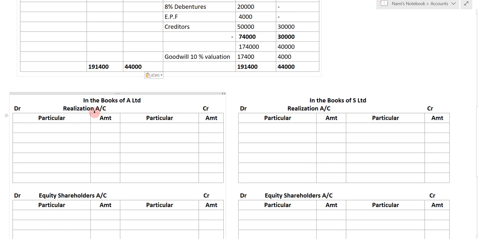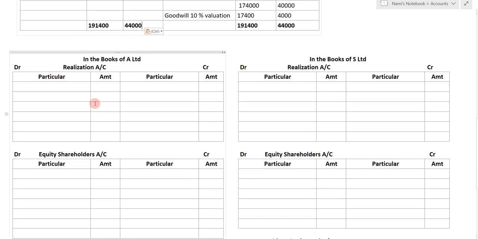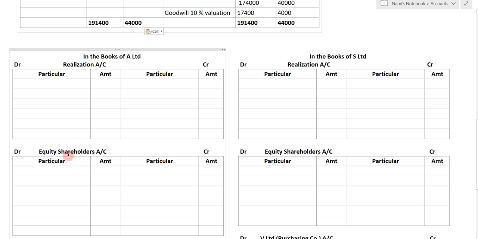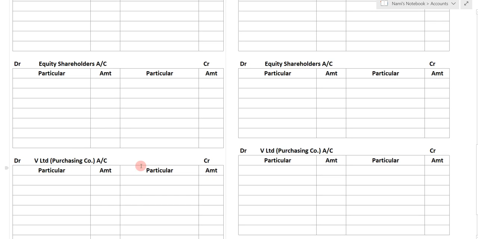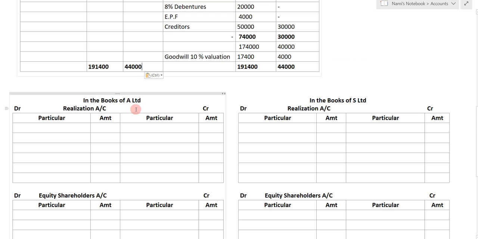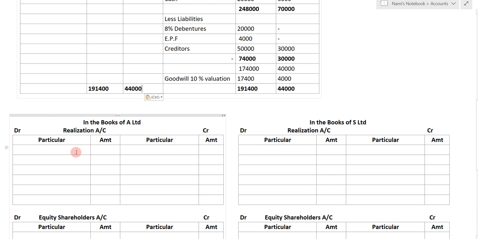Now we have to close the books of A Limited and S Limited. So prepare the realization account, equity share account and V Limited account. First we'll close the books of A Limited. In the realization account, on the debit side, we have to take all the assets, and on the credit side, all the liabilities.